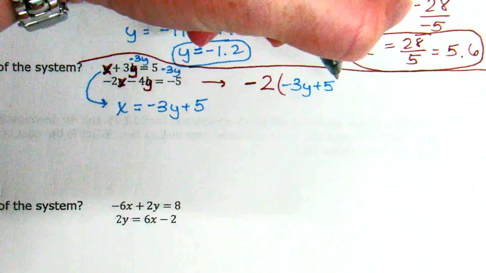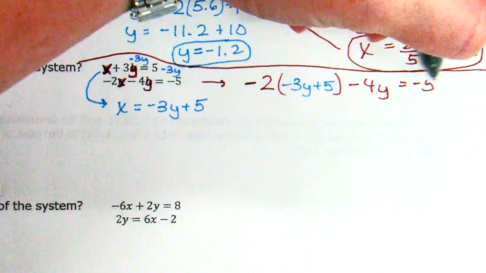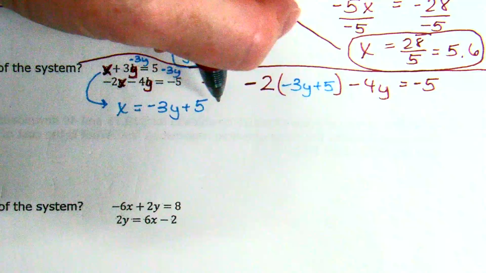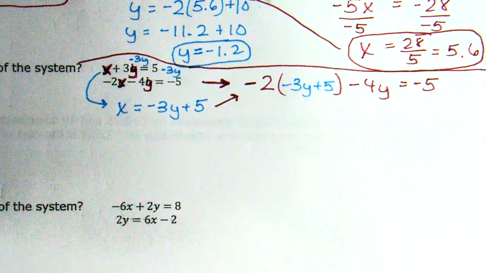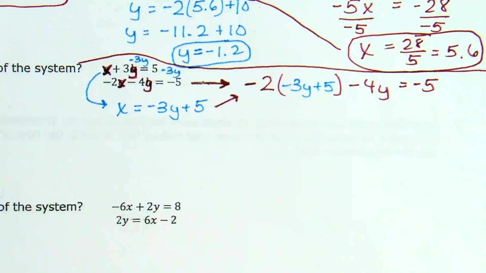So there's my negative 2x, still minus 4y, equals negative 5. Do you know your steps? Okay. Distribute. It's typical equation solving, nothing fancy here.